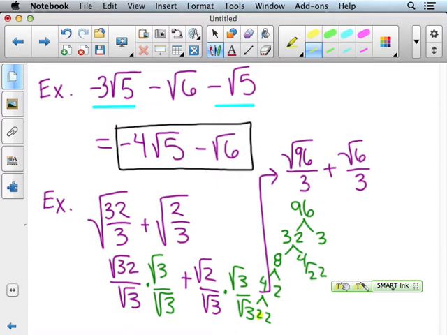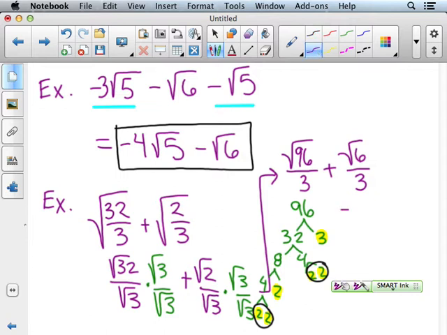So here are my primes, 2, 2, 2, 2, 2, and 3. We have a square root, so I'm looking for groups of 2. So here's a group of 2, here's another group of 2, and I'm left with a single 2 here and a single 3 here. So out comes a 2 from this and a 2 from this.